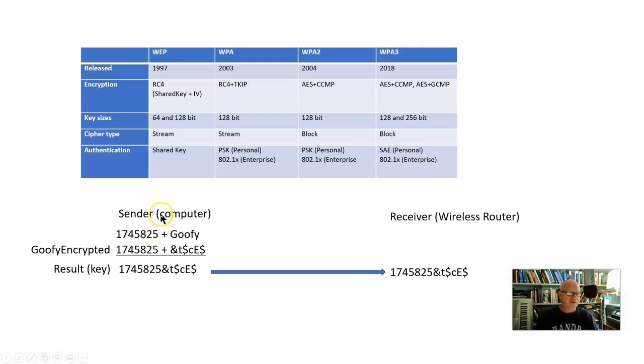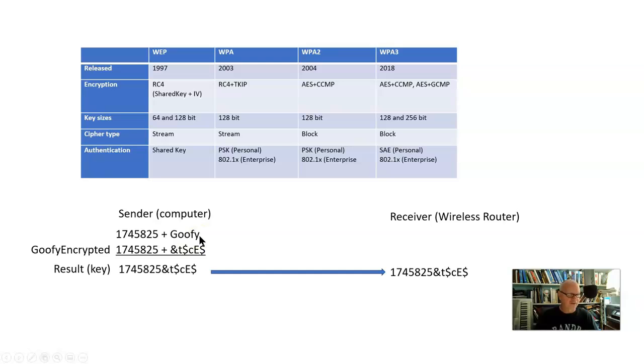Now, in order to send a message or to authenticate to the wireless router, either one, you had to send that shared key. So how did we send the shared key? Well, we attached to it a pseudo-random number, IV number, along with an encrypted version of the shared key.